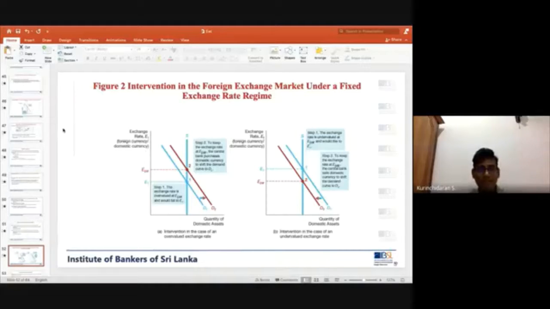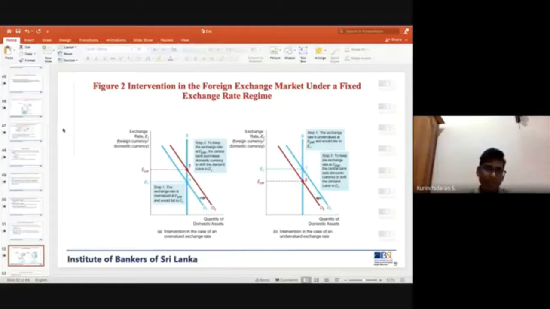See step one: the y-axis is the exchange rate, foreign currency per domestic currency, and the x-axis is the quantity of domestic assets.